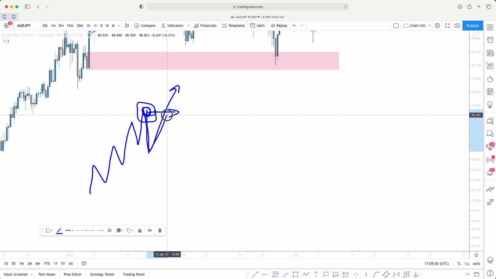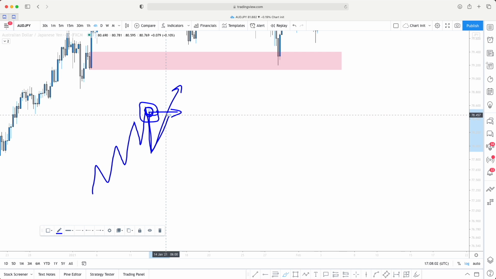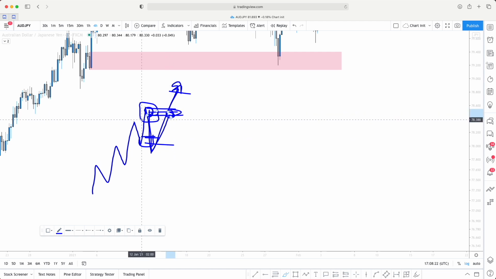Yes, it'd be an order block, and order blocks need to be either violated or respected, either one of those. So in this situation, obviously, if it carries on up, then that's been violated, which is why you need to be cautious of how you play your order blocks. Whether you're going to go with the trend, you could take it with a lot more confidence, whereas if you're going to take it against the trend, you need to be wary about what you do when you go to refine your trade. Okay, so just bear that in mind.